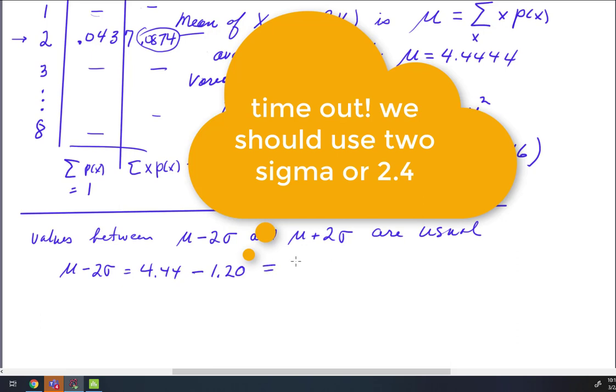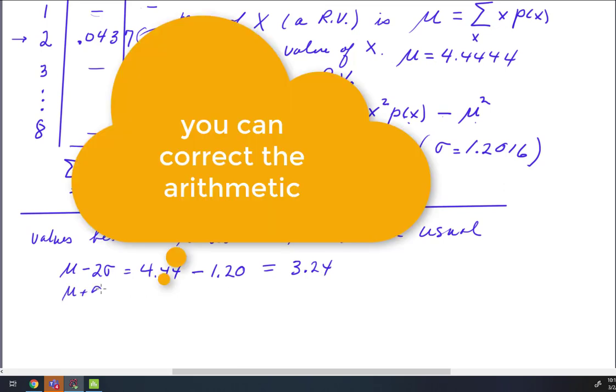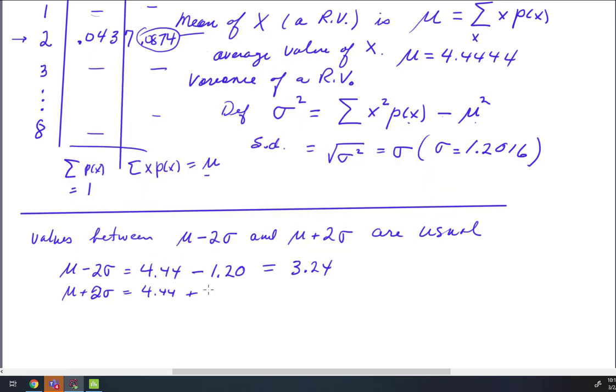So this would be 3.24, and mu plus 2 sigma would be 4.44 plus 1.20, which would be equal to 5.64.